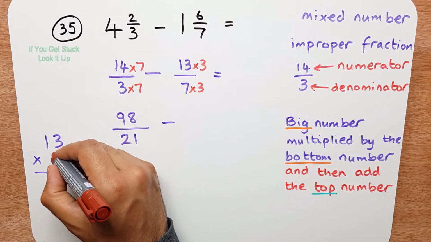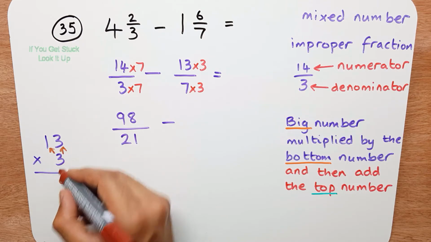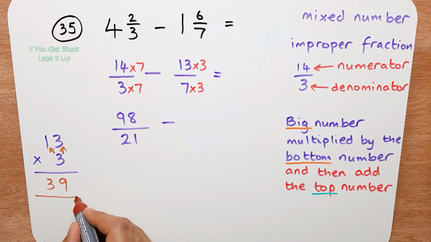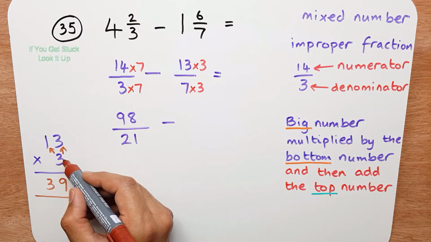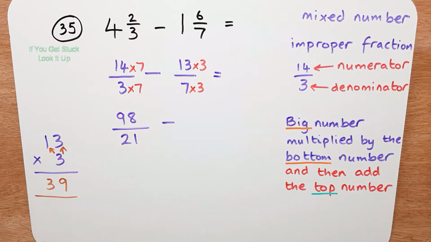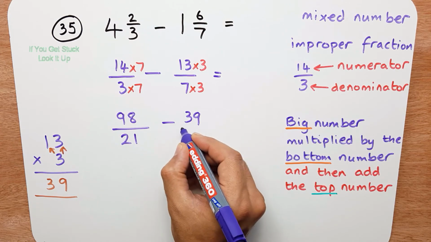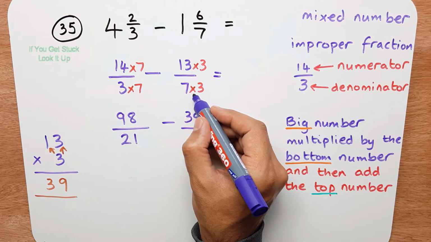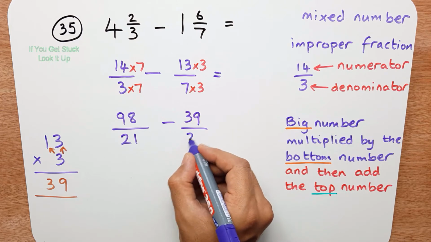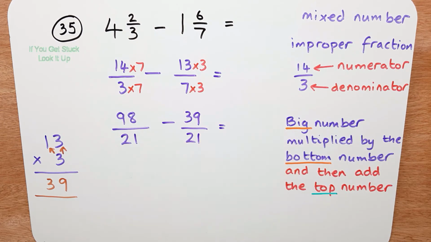And 3 times 1, which is 3. So 13 times 3 is 39. So my numerator here is 39. And I know 7 times 3 is 21. Now this is my calculation.